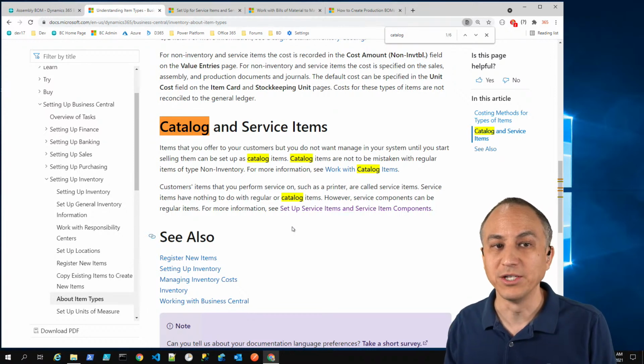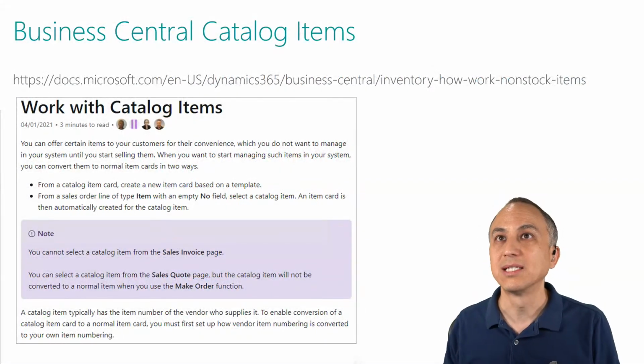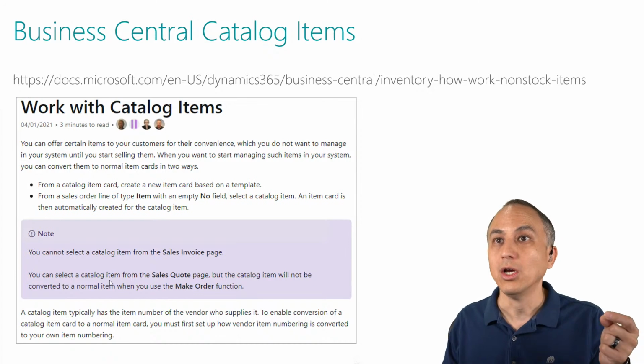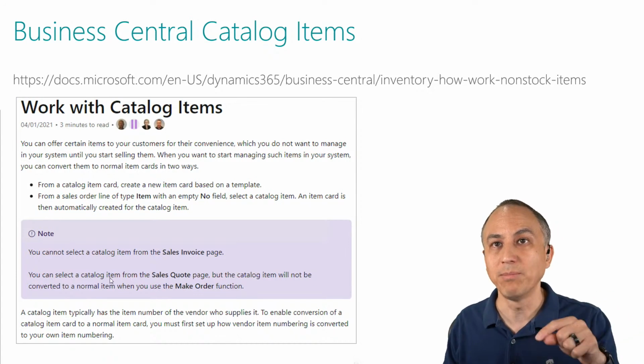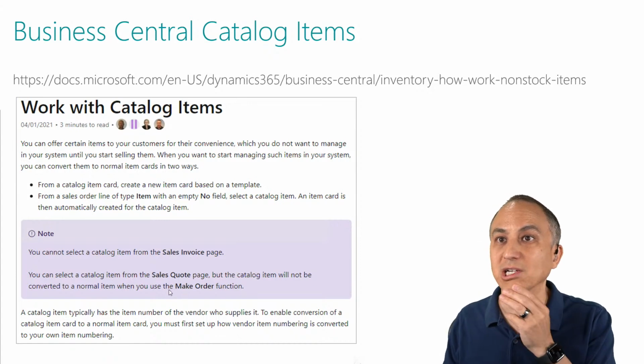So very neat feature. So Business Central catalog items, you cannot select a catalog item from the sales invoice page. You can select it from a quote page, but the catalog item will not be converted to a normal item when you use the make order function.